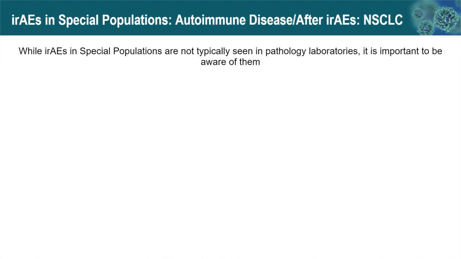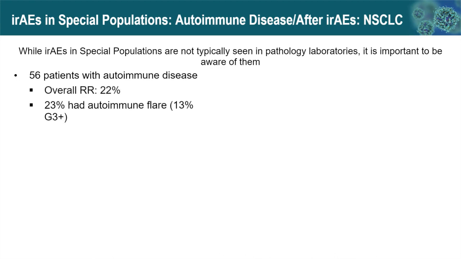In this paper by Leonardi and colleagues, 56 patients with non-small cell lung cancer and a known history of autoimmune disease were examined. Most of these patients received treatment for non-small cell lung cancer in the second-line setting, where the standard response rate was in the order of 20%. And what we see from this study is that the response rate in patients with autoimmune conditions was similar at 22%.